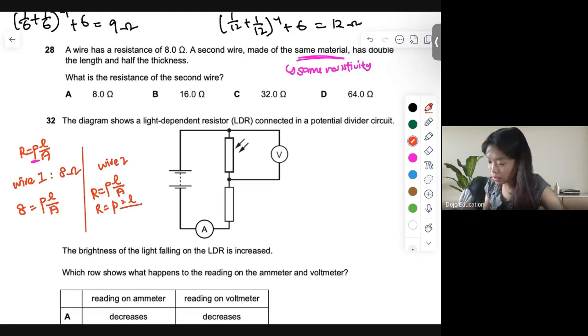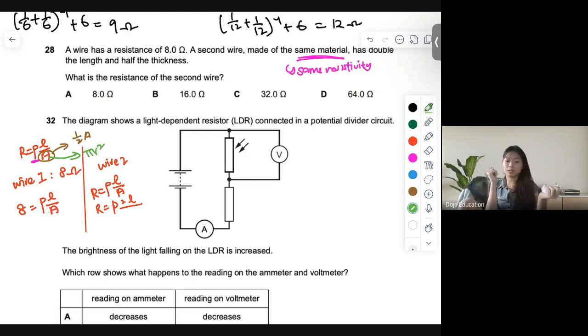For the thickness, it says half the thickness. Take note, half the thickness and half the area are different. You will see other questions that say half the area, then your A will be half A, right? But it says half the thickness. So how do we form A? A is of a wire. Wire is circular, right?